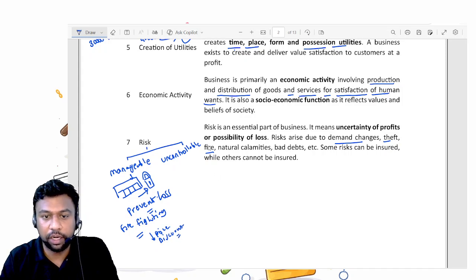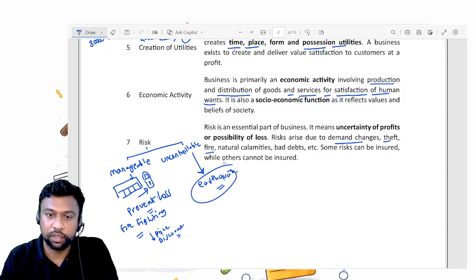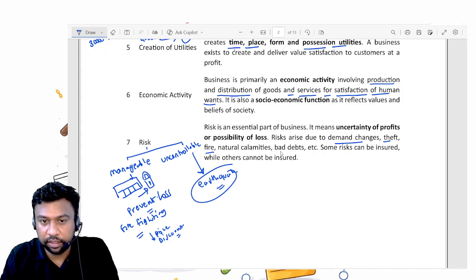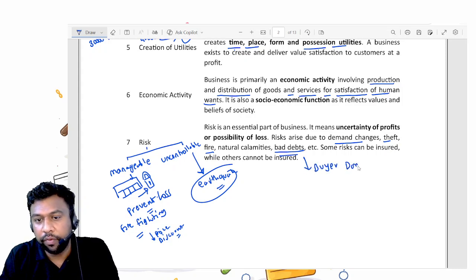Uncontrollable risk is what? Natural calamity, earthquake. You cannot control this, right? You have sold. Now what is bad debt? Bad debt is when your buyer doesn't have money to pay.